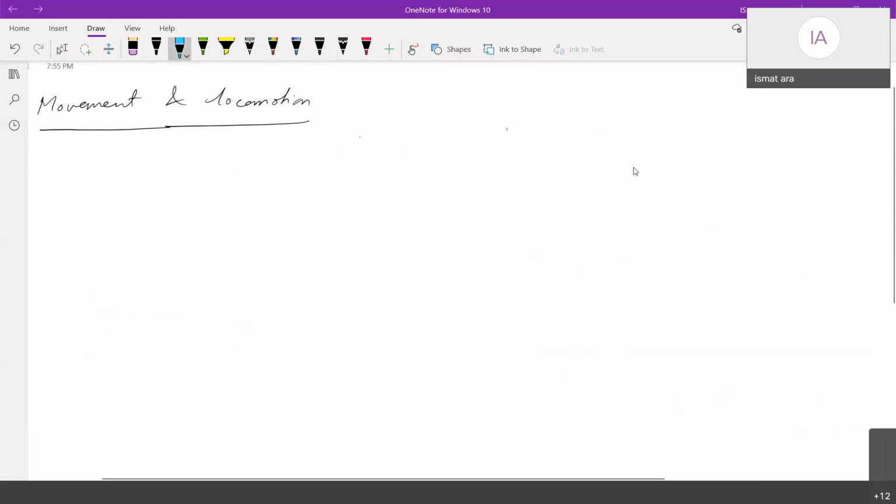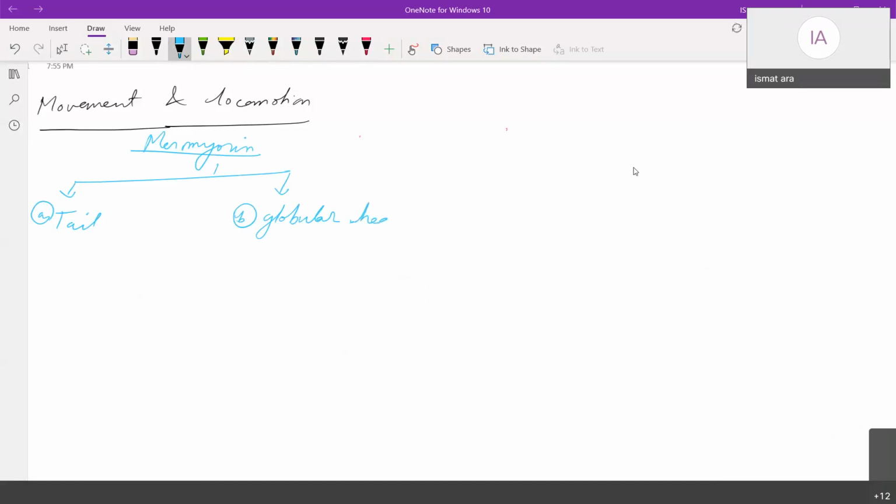Now, the structure of meromyosin. It consists of a tail and a globular head, along with a short neck.